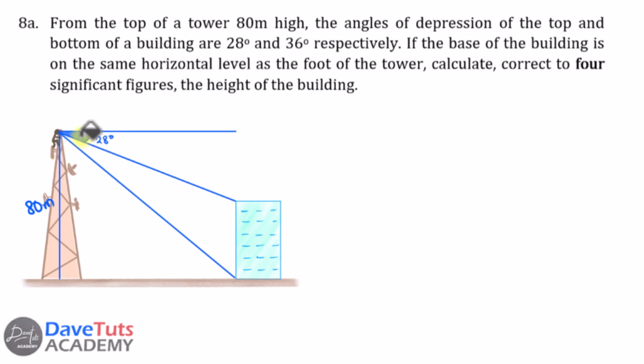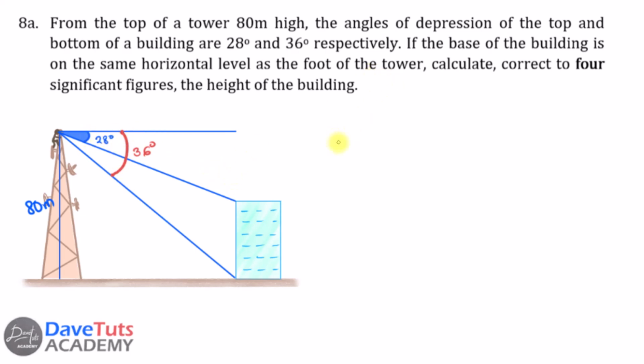Let me depict that as such. And then I will use another hint for this. The angle of depression of the bottom of the building is from that initial horizontal viewing to the inclination of the bottom of the building. That was given as 36 degrees. Okay, so that was shown in red. The top is shown in blue.